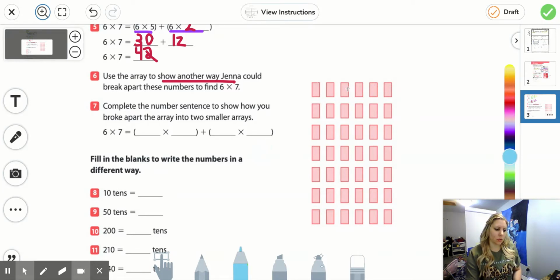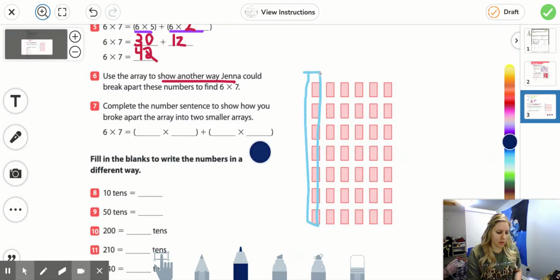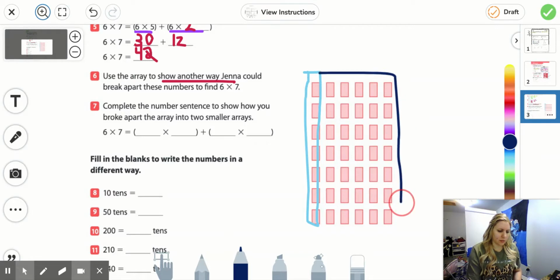Here's 1, 2, 3, 4, 5, 6. So I'm going to break this up so that I have one row here. And then these other rows here.